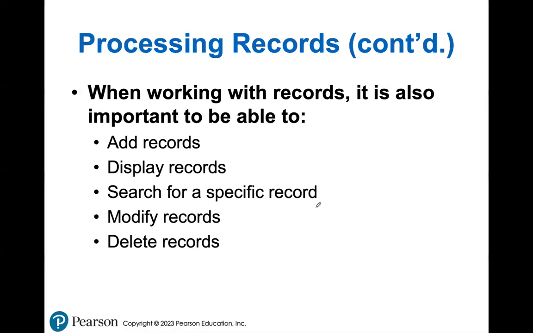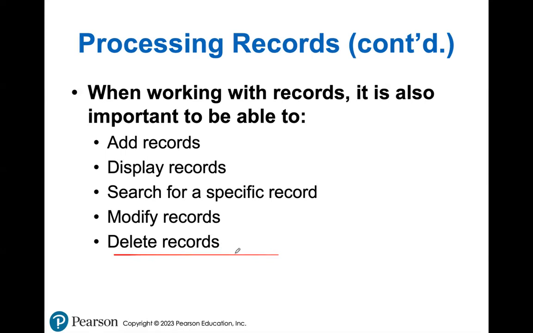For example, you have 300 employees in your company and you want to be able to search for a specific employee. Then you have to be able to modify records. For example, if one employee moves to a different department, you have to be able to change the name of the department that they're working in, and delete records.